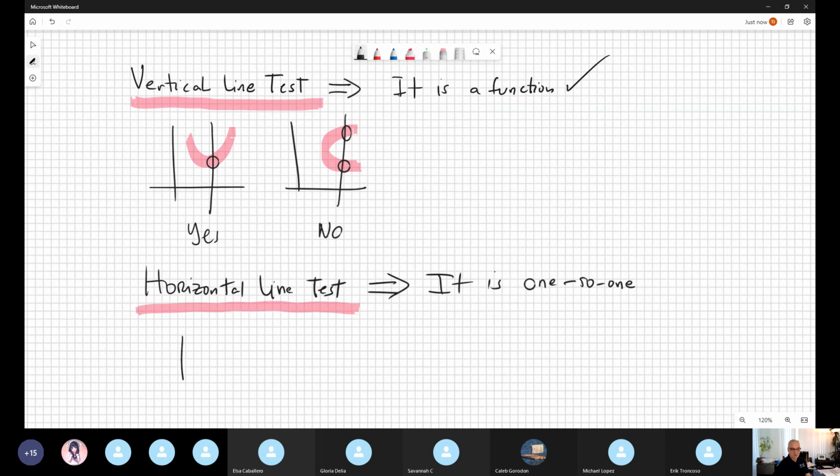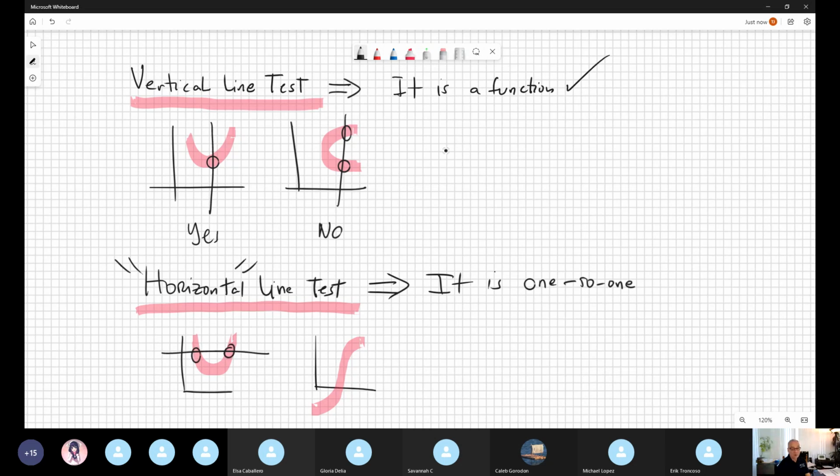It's easy. You have, for example, a function like that. Let me try to draw this better. The function like that. Then you apply the horizontal line like this, just like that.